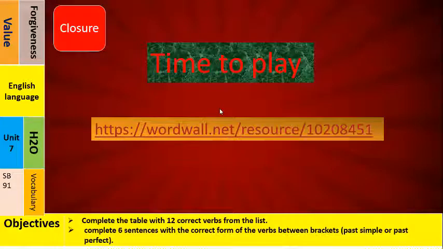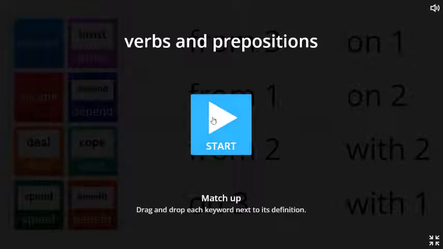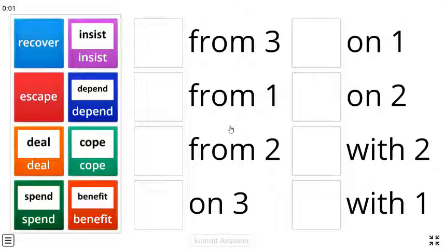And this means that here we reached the time to play a Wordwall game. Verbs and prepositions. How many from, and how many on, and how many with? So we will match between the verbs and we will consider each correct matching correct.